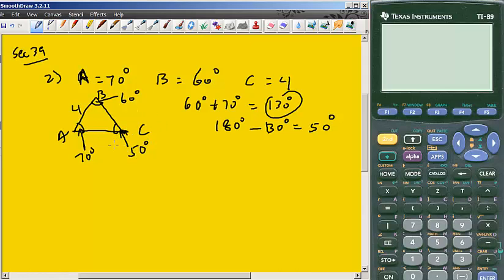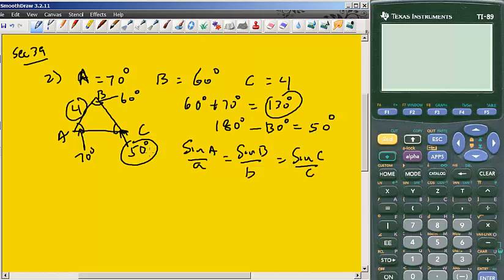So we found all the angles. Now we have to find the remaining sides, and we can use law of sines to do that. Sine of angle A is to side A is equal to sine of angle B is to side B, and sine of angle C is to side C. In order to use law of sines, you have to know an angle and a side across from it. We didn't know the angle initially, but we know that now.